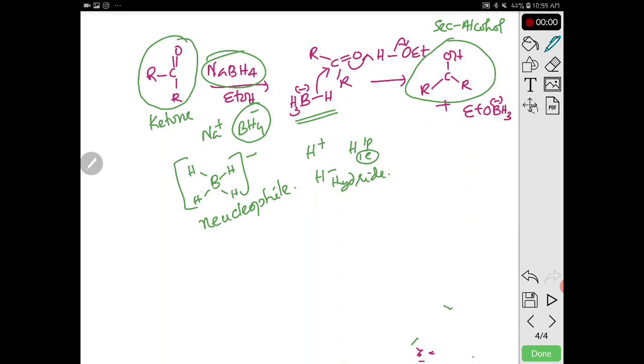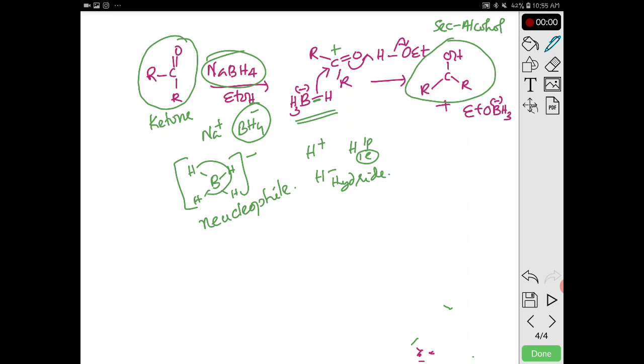So what happens? Because the species is rich in electron, this hydride, with an extra electron, will transfer to the carbon atom, which is electrophilic. We have discussed previously in many places that the carbonyl carbon atom is electropositive.